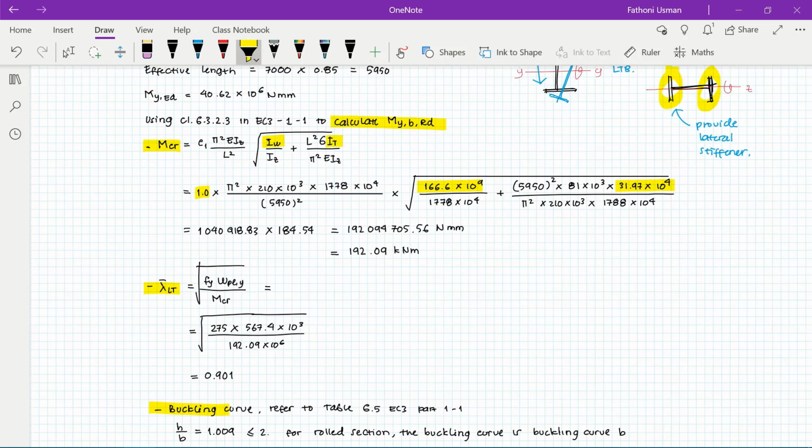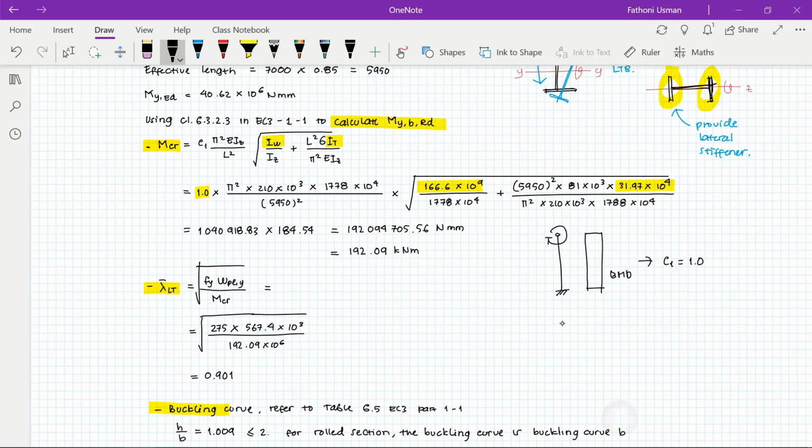So the bending moment diagram will be like this. For a constant bending moment diagram along the span, C1 equals 1.0.